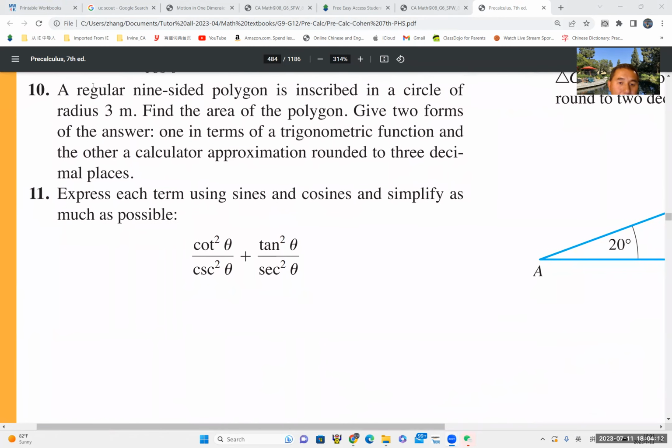A regular nine-sided polygon is inscribed in a circle of radius 3 meters. Find the area of the polygon. Give two forms of the answer. One is in trigonometric function, the other by calculator, right?